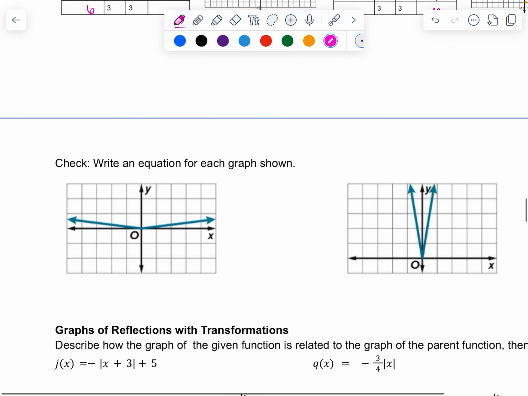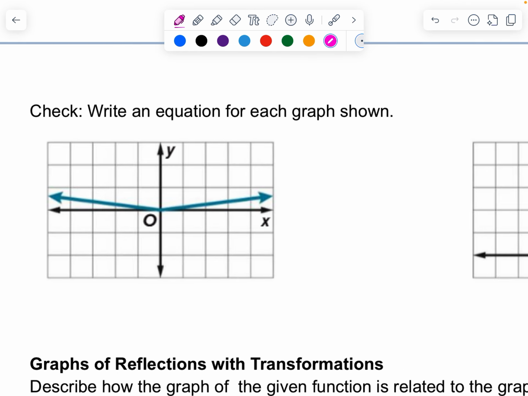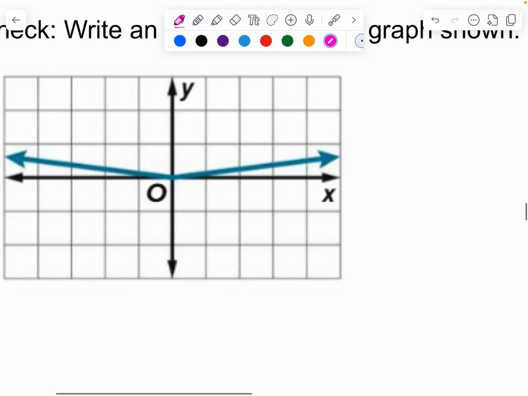Okay. Write an equation for each graph. Okay. So on this one, well, 0, 0 stayed the same. 1, I can't really tell what it's doing.